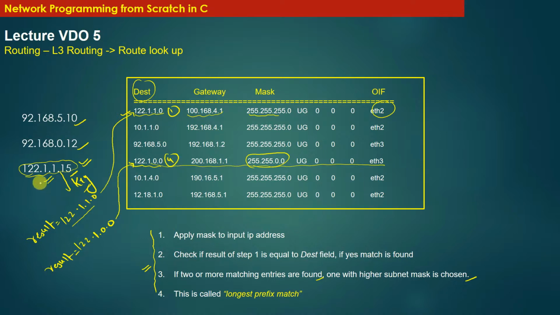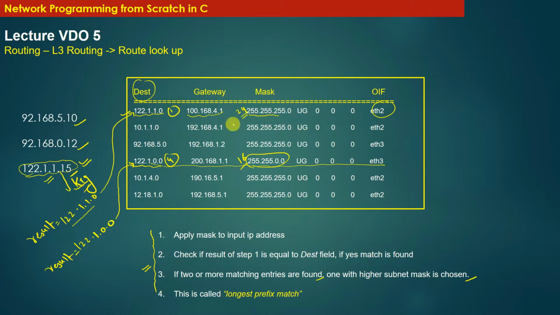match our key. What is our key? Our key is 122.1.1.15. Now, because there are multiple entries matching the key, the entry with the longer mask is chosen. For entry 1, the mask value is 24, and for entry 4, the mask value is 16.